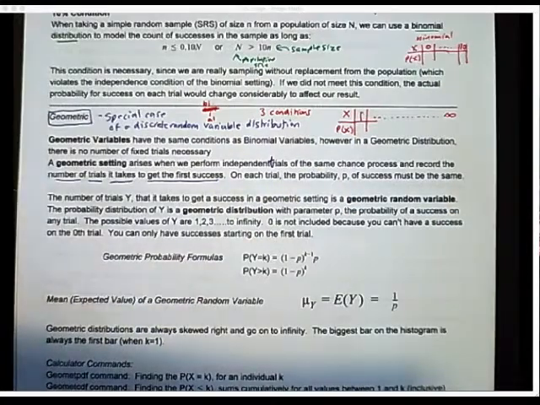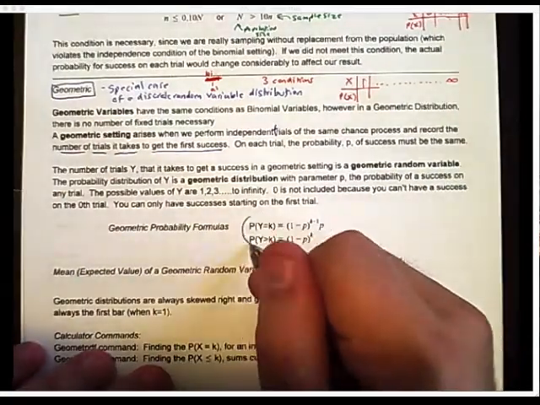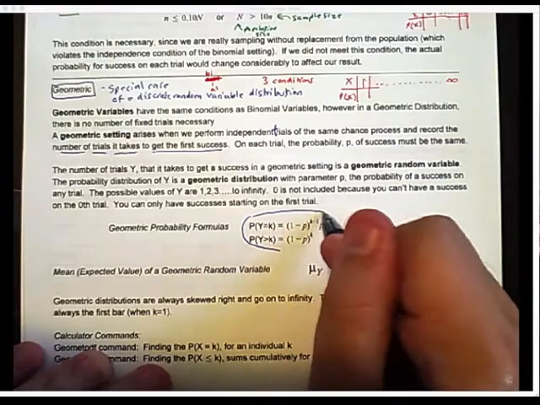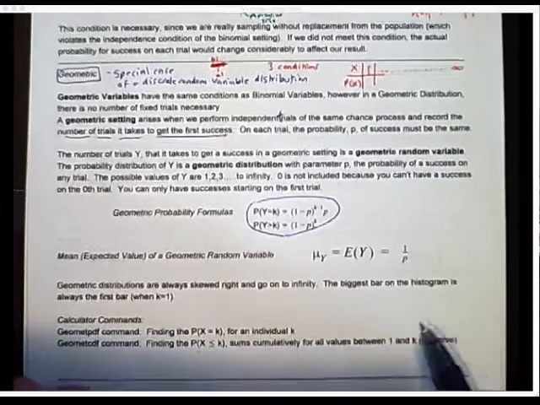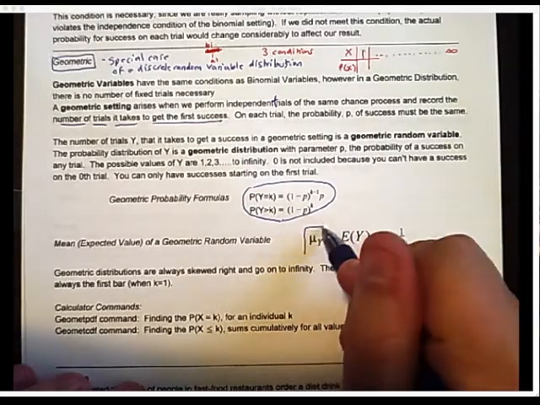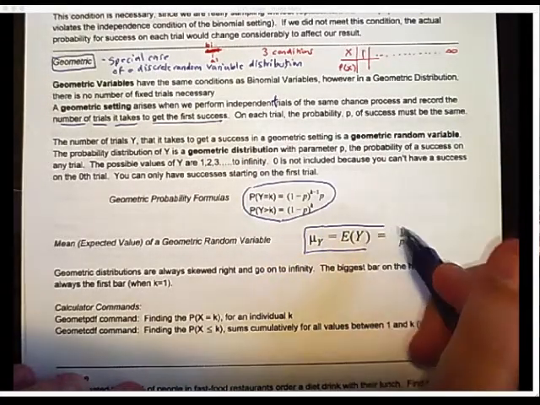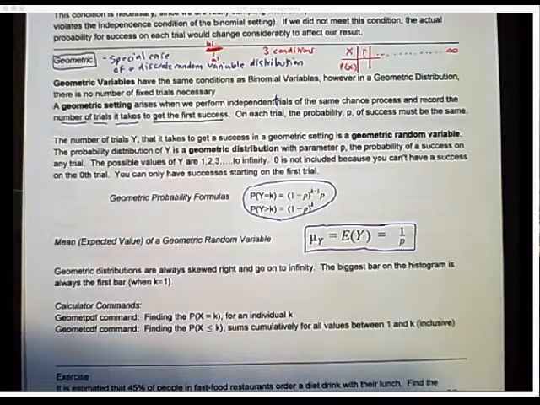So here's some formulas that we're going to use, and we'll talk about why they are what they are when we get to the examples. You don't really have to memorize those. I'll show you an easier way. And here's how we would find the mean of a geometric distribution.